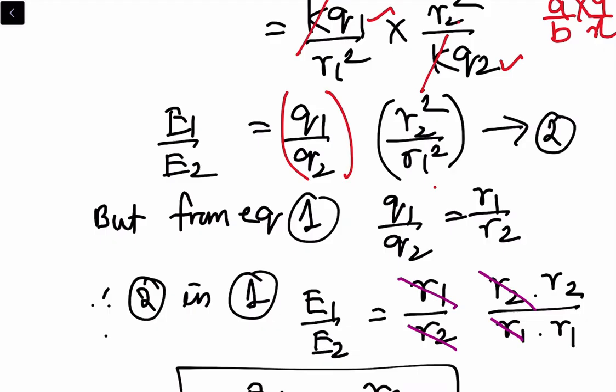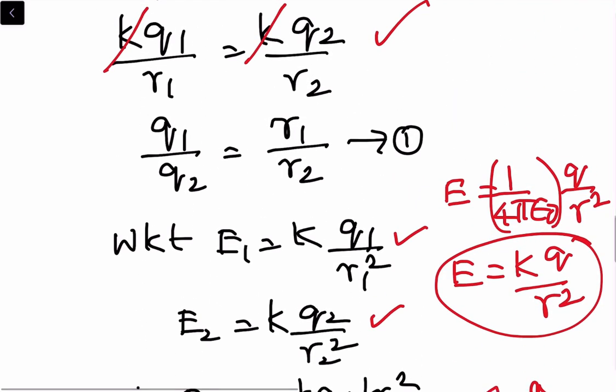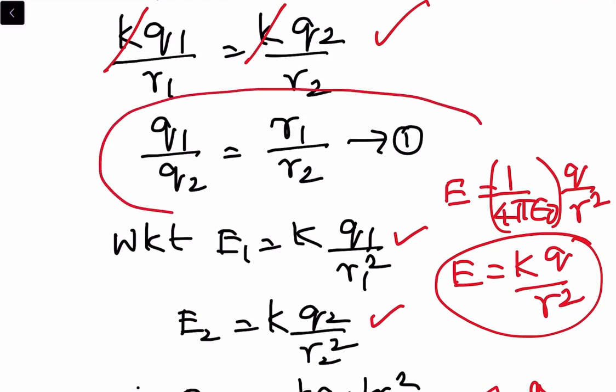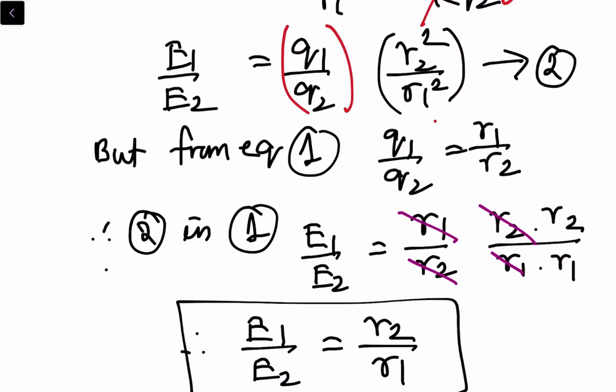But from equation 1 above, you have Q1 by Q2 is equal to R1 by R2. Substitute that here: Q1 by Q2 is R1 by R2, into R2 square by R1 square.